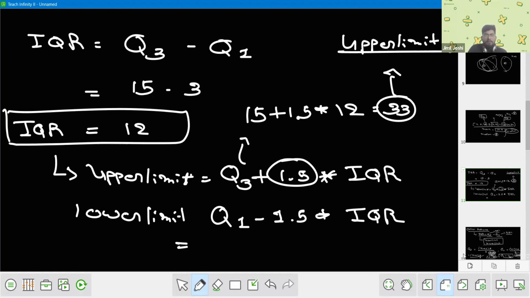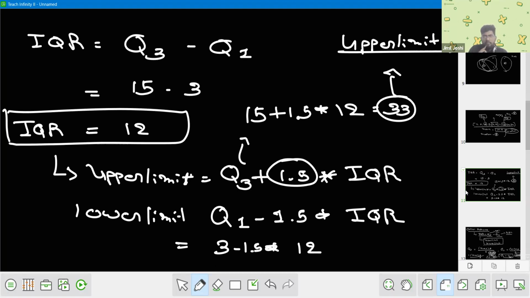Lower limit is basically Q1. Q1 is nothing but 3, minus 1.5 into the 12. 3 minus 18.